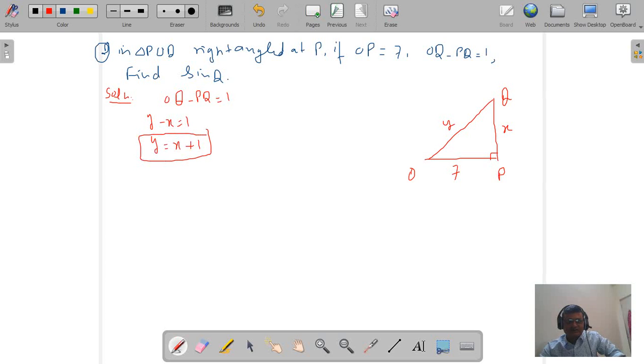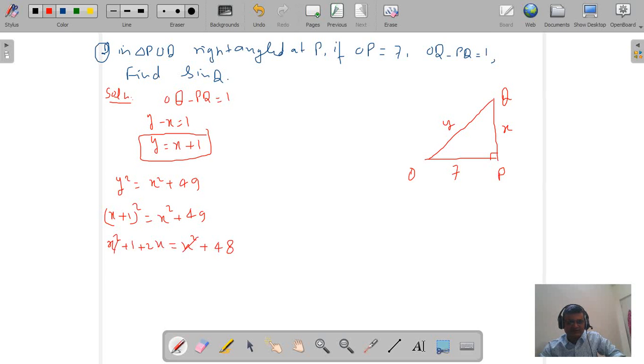Now as per Pythagoras theorem, you know that Y square will be equal to X square plus 49. So in place of Y we'll put X plus 1 whole square equals X square plus 49. So it is X square plus 1 plus 2X is equal to X square plus 49.